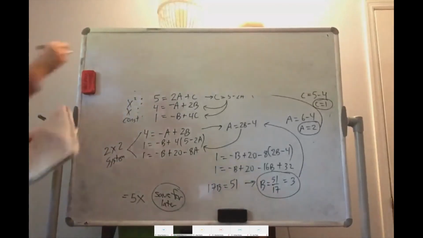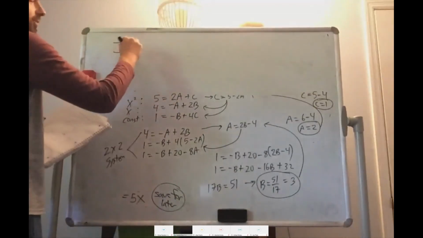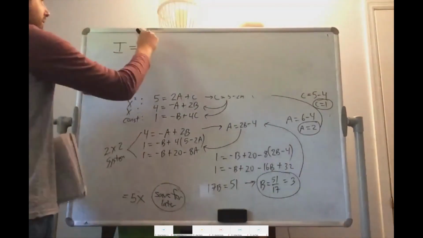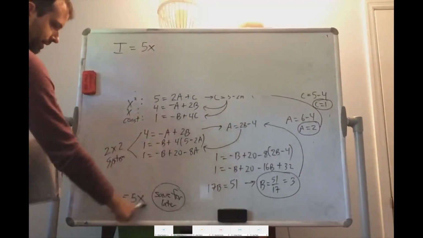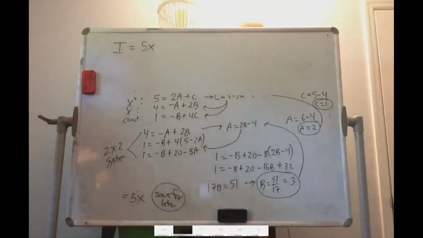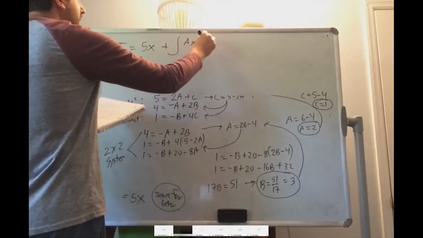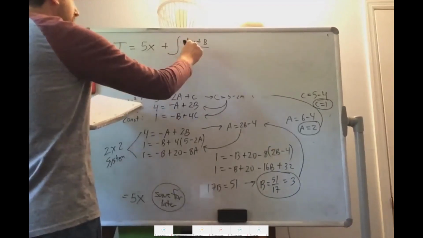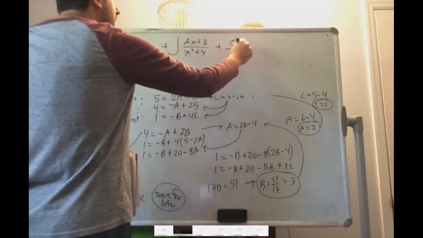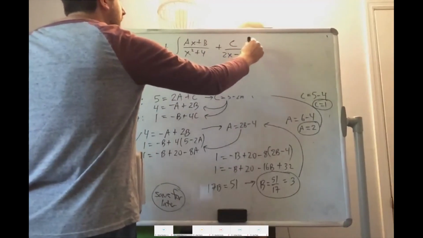The integral at the end of the day is equal to, and this is a little tricky, remember there's that 5x from the polynomial long division that's still there, that's part of the answer, plus the integral of ax plus b over x squared plus 4 plus c over 2x minus 1 dx.